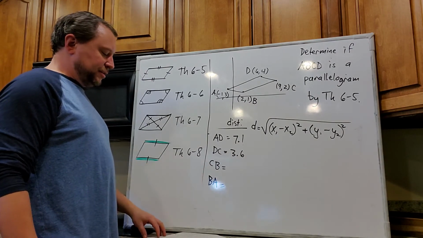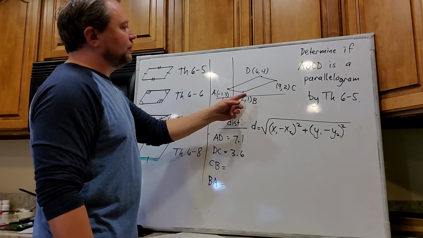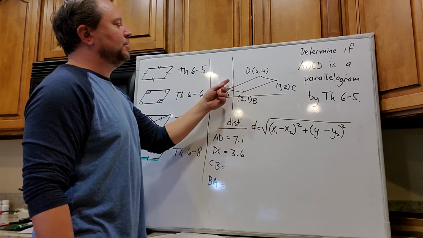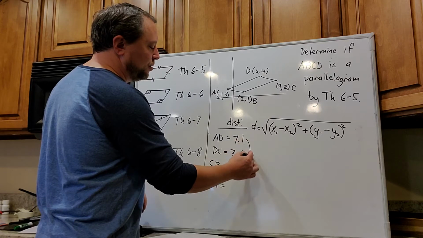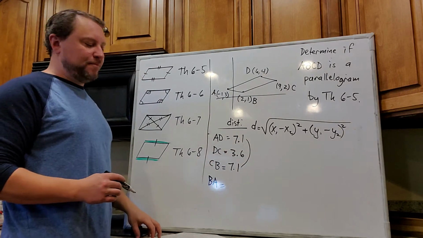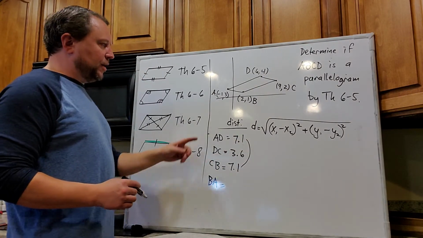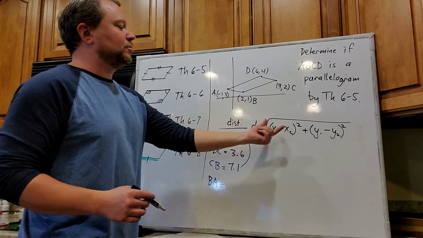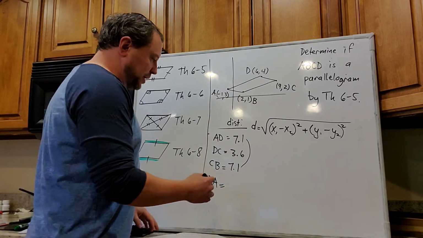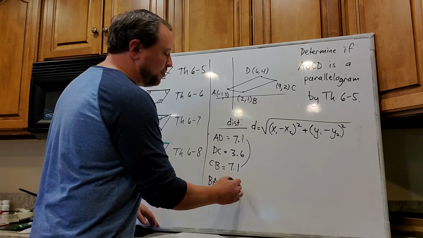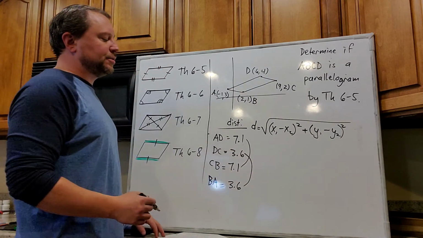CB's distance is the opposite side of this one, so of course we need those to be a match. And what do you know? They are 7.1. And finally, you would find the length of AB by plugging those coordinates into our distance formula, and you probably guessed it, it comes out a match, 3.6.